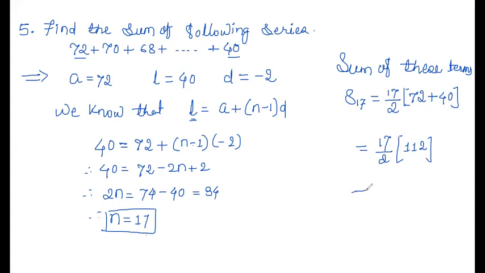Okay, therefore S17 is equal to 17 into 56. Now tell me the multiplication of 17 and 56. 17 into 56, how much? 952. It is 952.